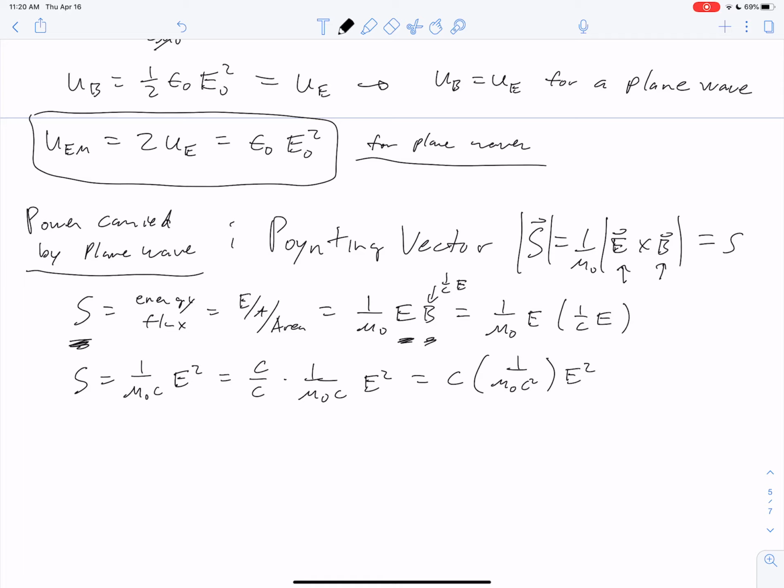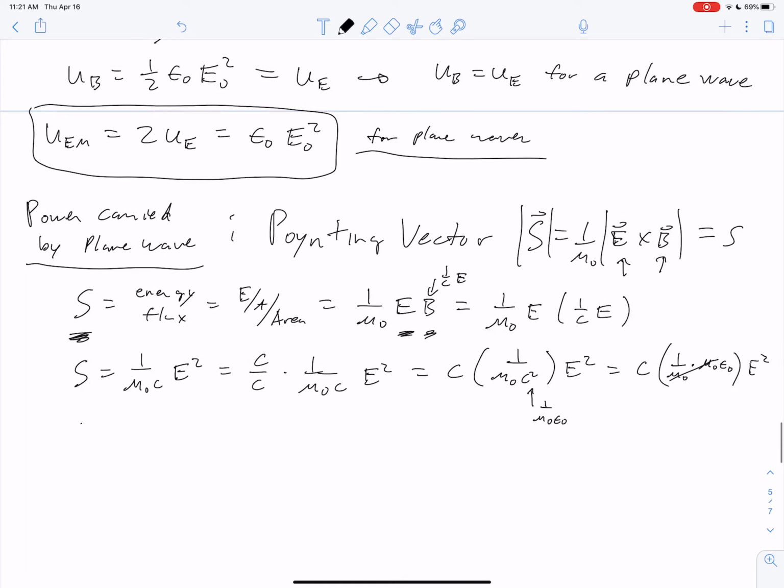But let's just go with it. And then we know that c squared is equal to 1 over mu naught epsilon naught, so we'll replace the c squared with that. And so this is equal to c times 1 over mu naught times mu naught epsilon naught times E squared. And you can see that these things cancel. And so I see that the power flux is equal to c times epsilon naught E squared.